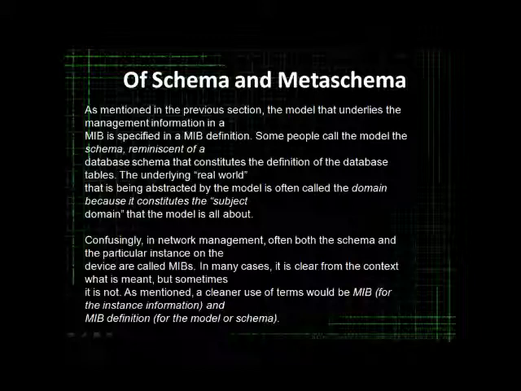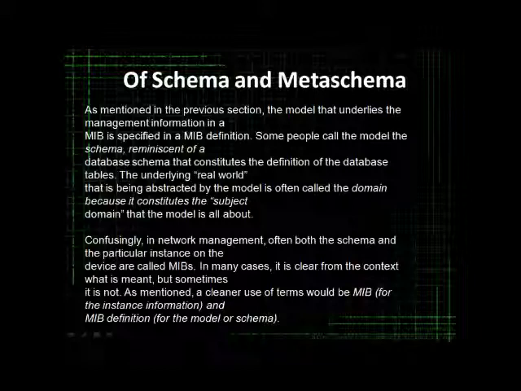Confusingly, in network management, often both the schema and the particular instance on the devices are called MIBs. In many cases, it is clear from the context what is meant, but sometimes it is not. As mentioned, a cleaner use of terms would be MIB for the instance information and MIB definition for the model or schema. Now we have established where the information in a MIB is defined, but an important part is still missing.